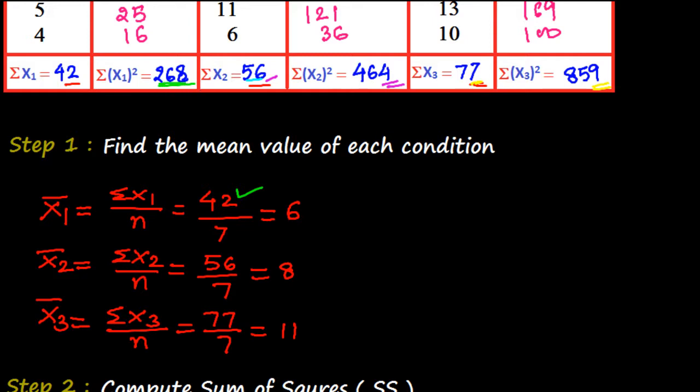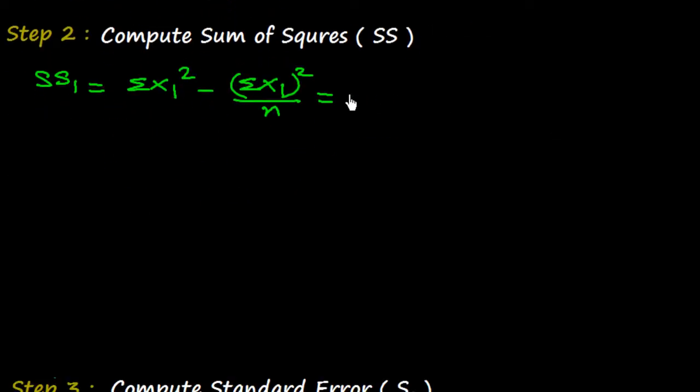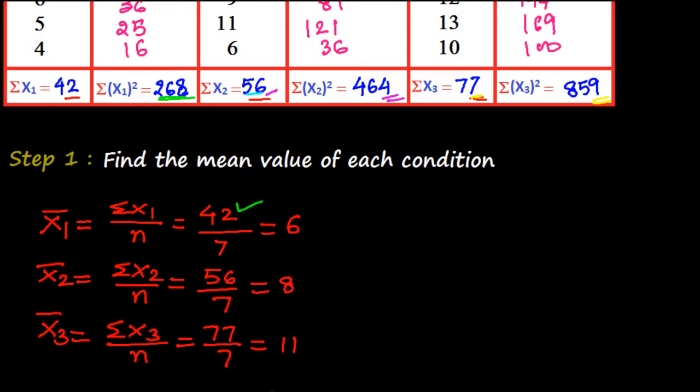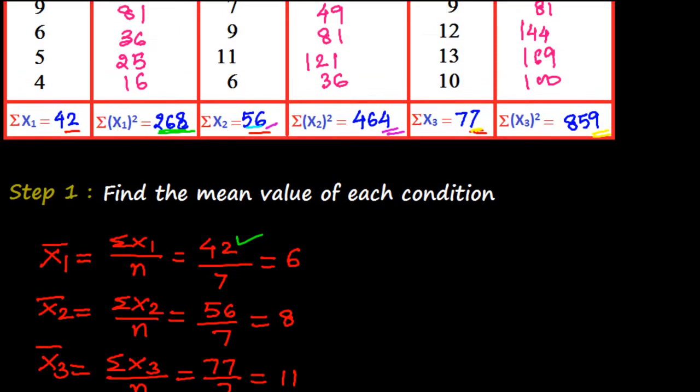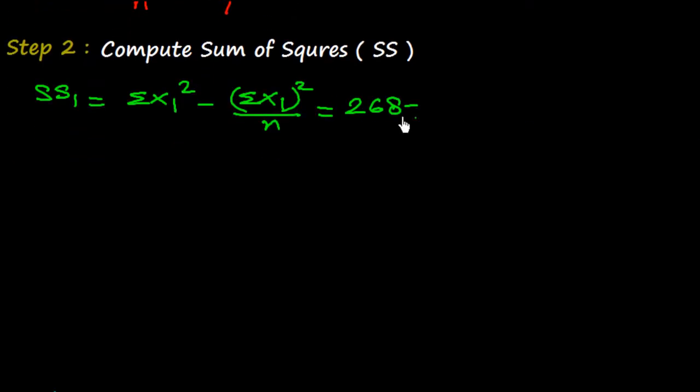So we will write here 268 minus sigma x1, look at here, 42. So we write down here 42 square, and the total number of observations in each column is 7. So we write here 7.